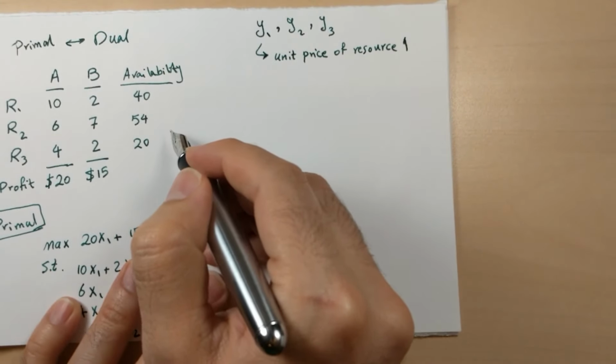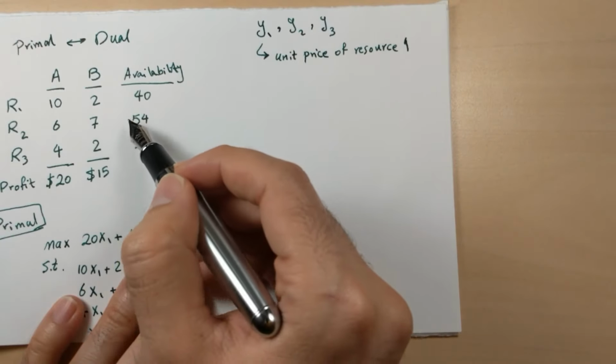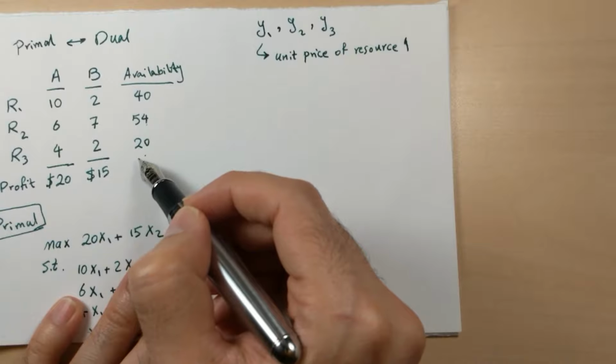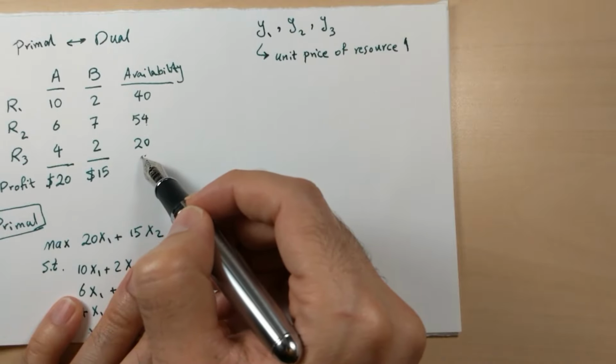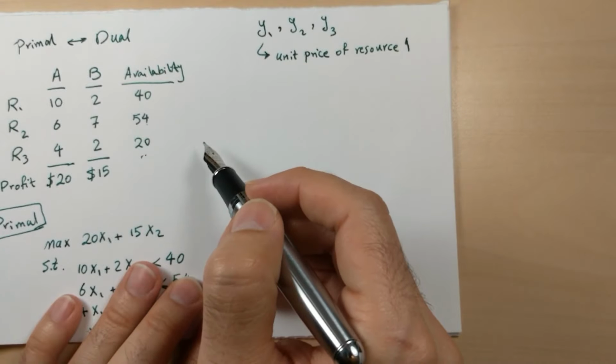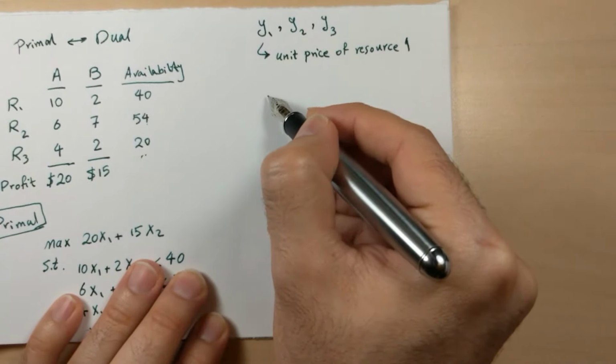There are 40 man hours or 40 units of resource 1, 54 pounds of raw materials, and 20 square yards of storage space available. Thus, the total price of all the available resources may be expressed as this formula.